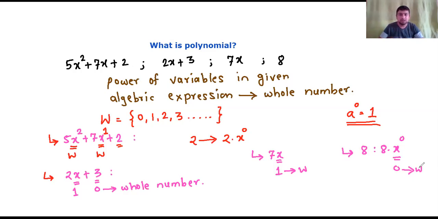Okay, to understand this, we will consider some more algebraic expressions. So you have to identify whether it's a polynomial or not. In all the examples, you have to simply check what is the power of variable in that algebraic expression. So let us consider some examples. Example number 1: 2x square plus 4x plus 8.